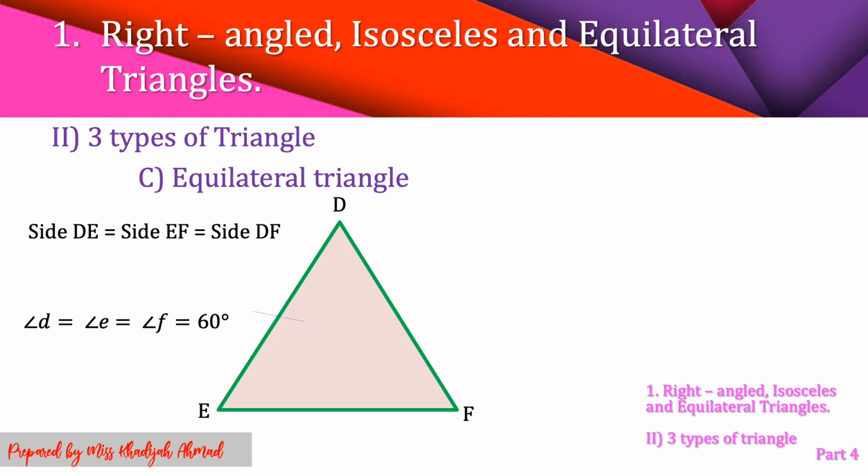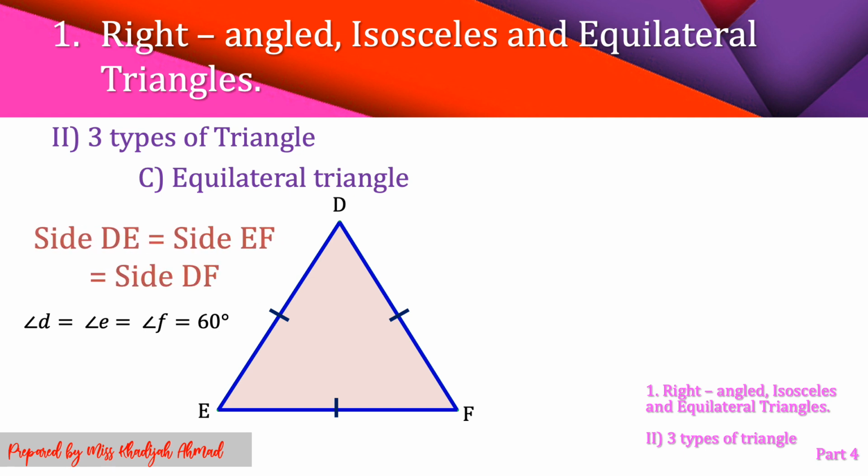That is, side DE equal to side EF, also equal to side DF. Just like isosceles triangle, equilateral also has indicator to show that it is equal. All of the sides are of equal size.